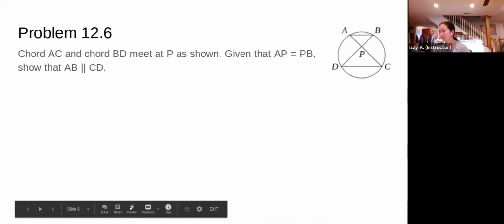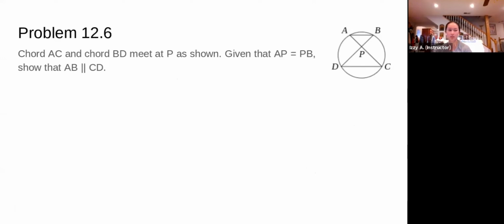Okay. Next we have problem 12.6. So chord AC and chord BD meet at P as shown. Given that AP is equal to PB, show that AB is parallel to CD.